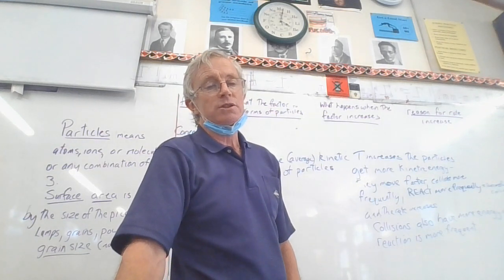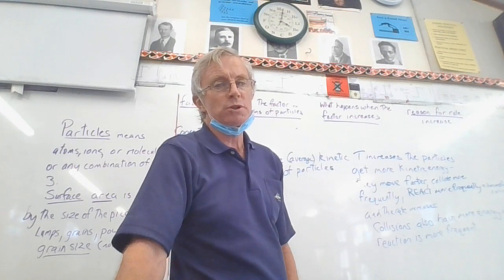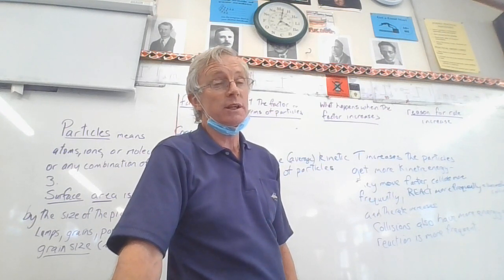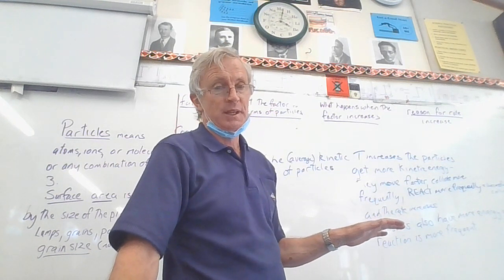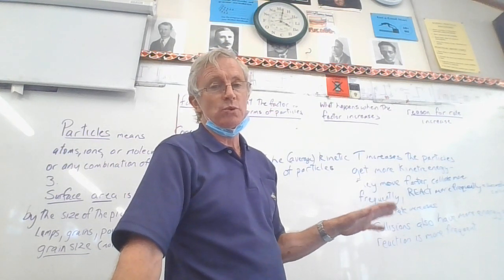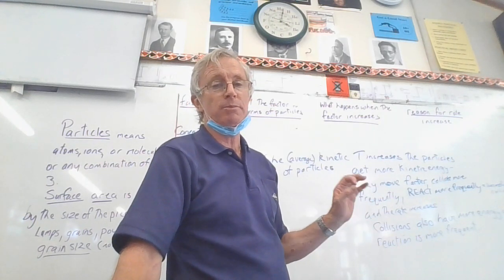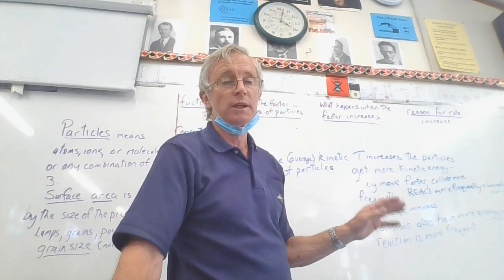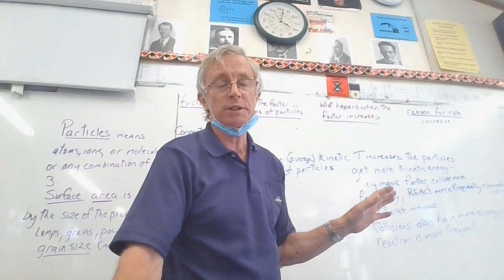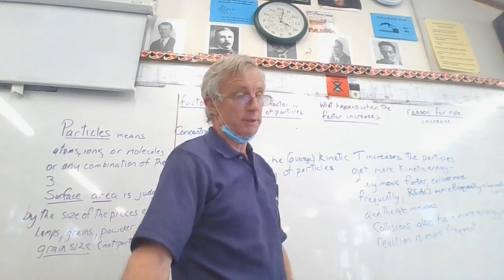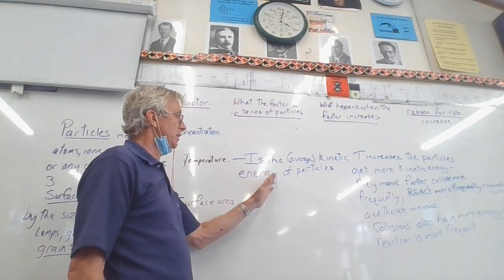You can get away with it as long as you say the number of collisions per second. That's frequency. The minute you say just number of collisions increases, explanation dead in the water. The rate of reaction has to do with time. There must be a time factor in there of frequency, or how often things happen, or how many per second. But if you just say the number of collisions goes up or goes down, depending on your explanation, it's all over. Okay?